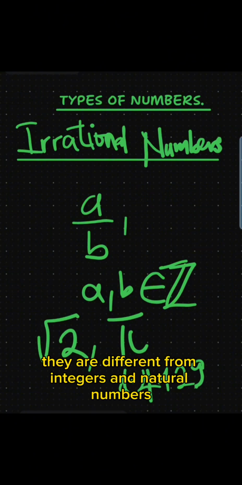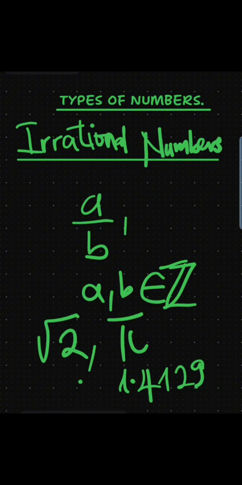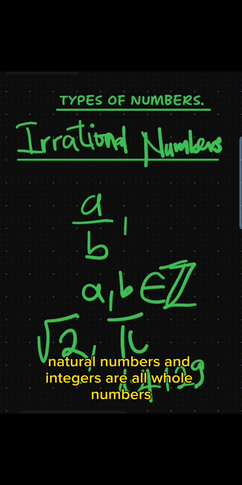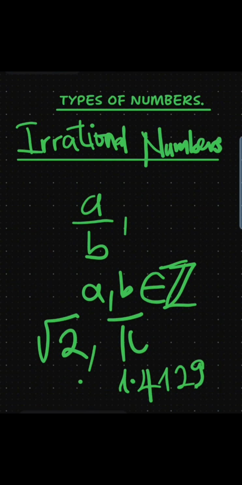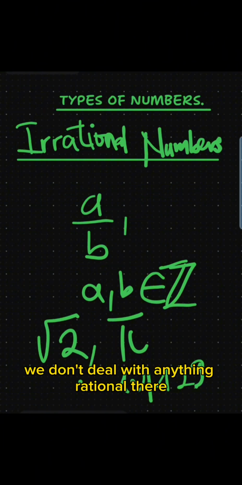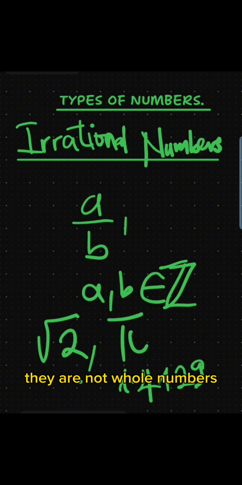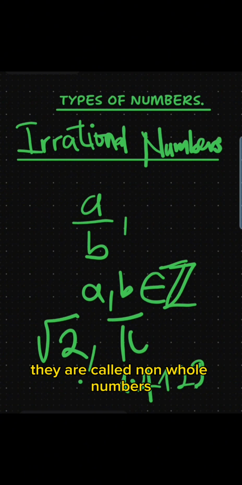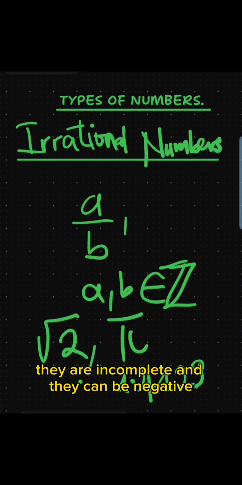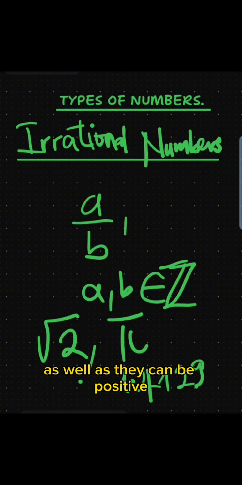They are different from integers and natural numbers, because natural numbers and integers are all whole numbers. We don't deal with anything rational there. But when we come to rational and irrational numbers, they are not whole numbers. They are called non-whole numbers. They are incomplete and they can be negative as well as positive.